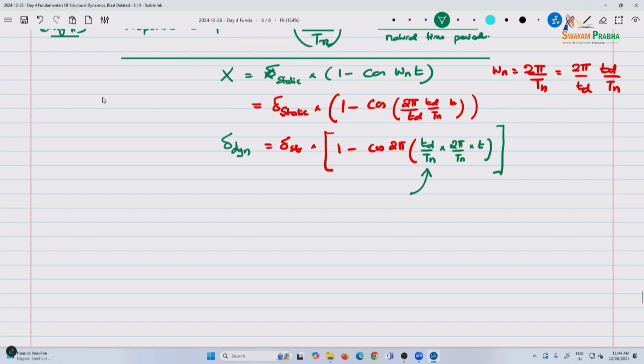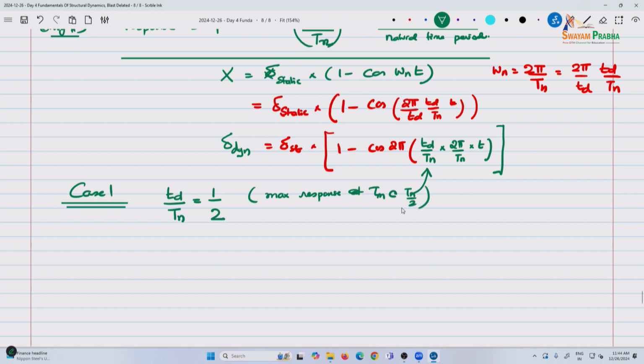So let's consider the case we just looked at. Case 1 is what we just looked at, Td by Tn equal to 1/2. The max response is at Tm, which is at Tn by 2.